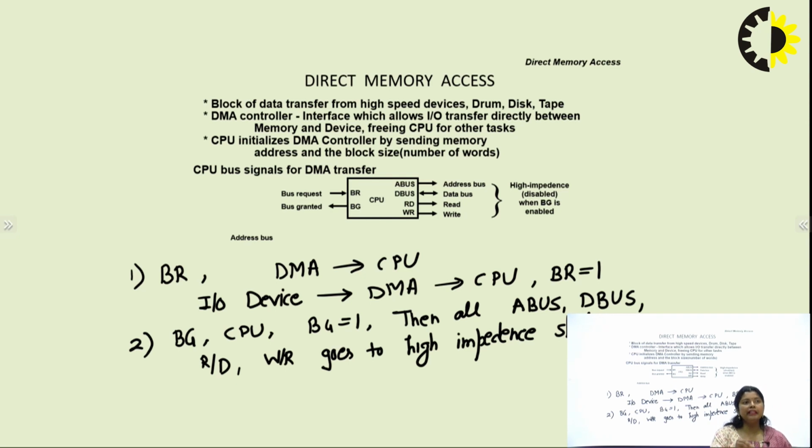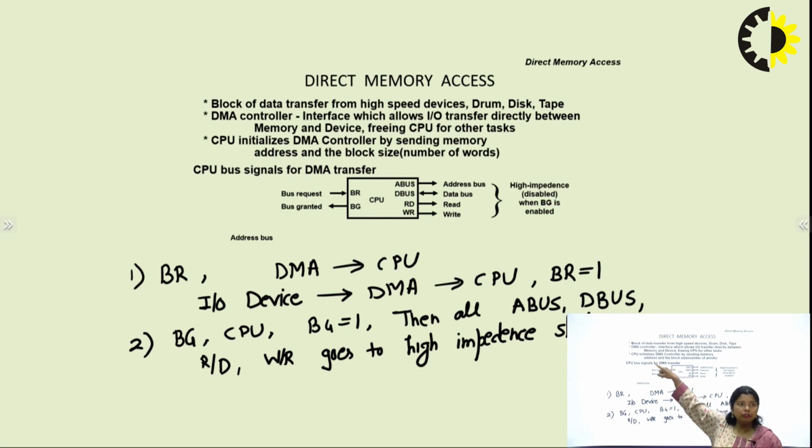The DMA transmits that request to the CPU, saying that it wants to transmit data, so the CPU should go into the high impedance state at this time.